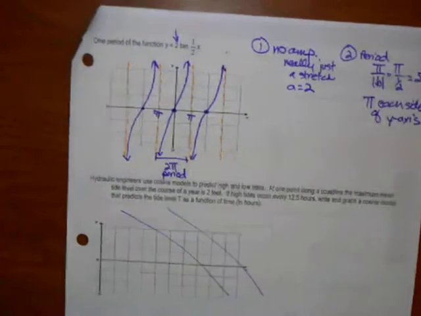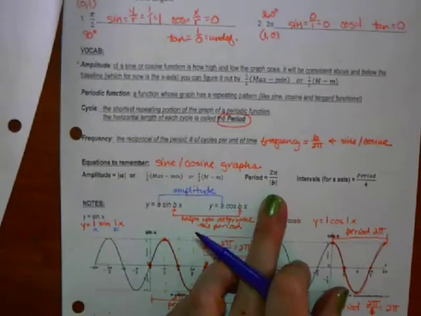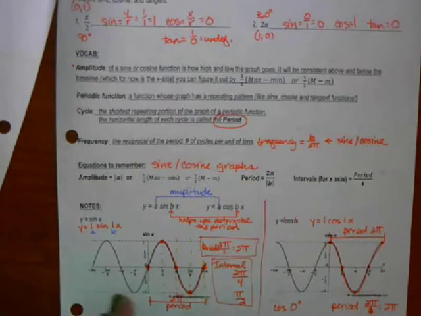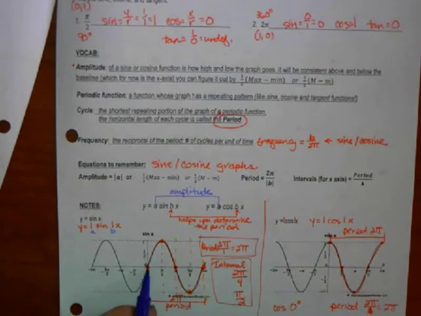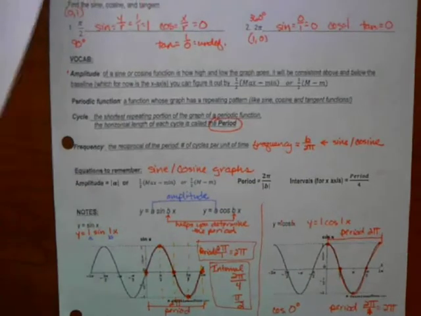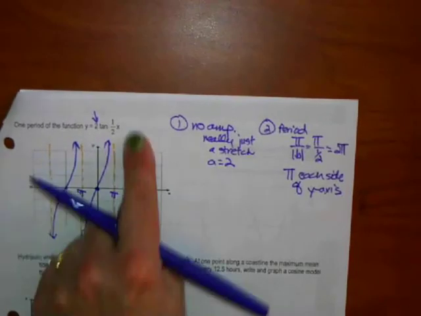So just to recap, for sine and cosine, you get the amplitude from the equation, and you get the period by doing this. And if you need some help figuring out your intervals, you can use that equation. Remember that the sine graph starts at 0, and the cosine graph starts up at 1 or whatever your amplitude is. And then for tangent, you can look at the amplitude, but it's really just how it's stretched out.